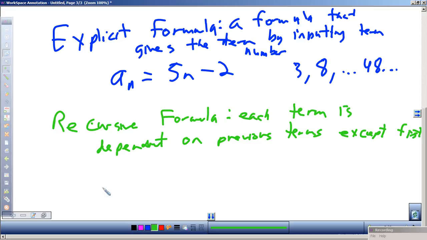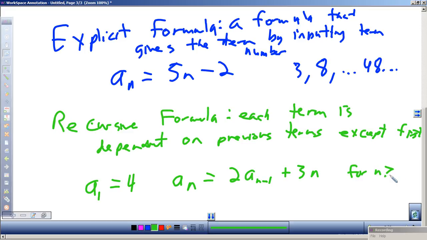So an example would be, say, a_1 equals 4, a_n is equal to 2a_(n-1) plus 3n for n greater than or equal to 2. Yes? Does it say after term by order? It gets determined by inputting a term number.